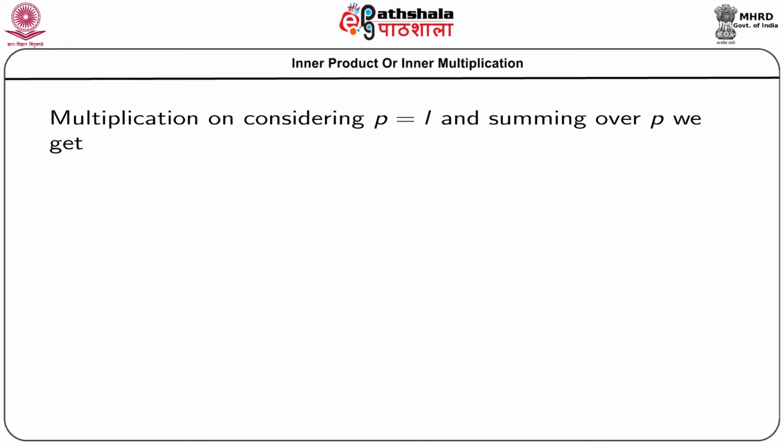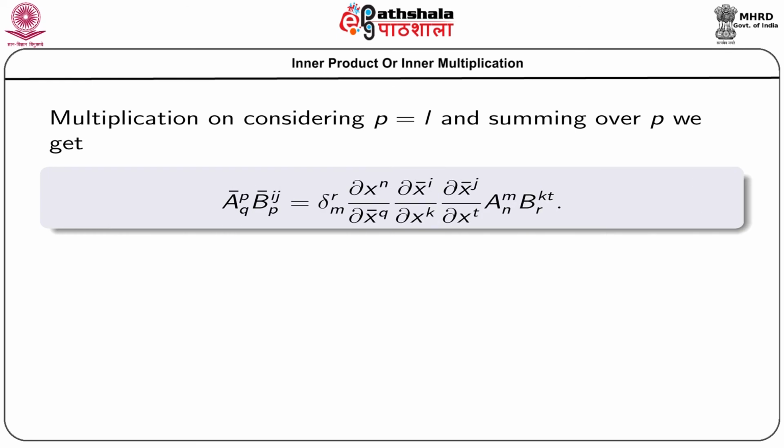Now, we make the contraction by taking p equals to l and summing over p, we get this factor A bar^{pq} B bar^{ij}_p. We have taken l equals to p.